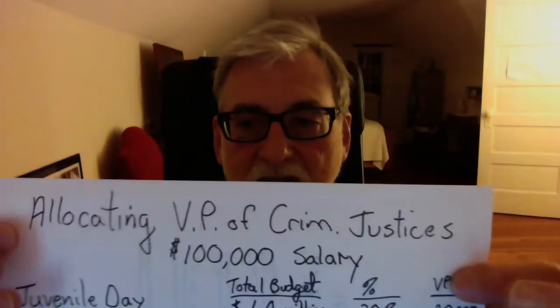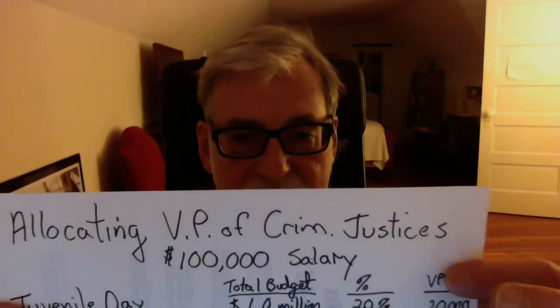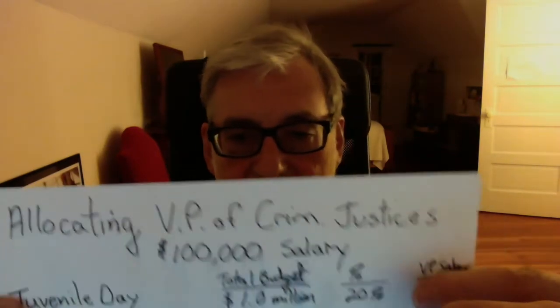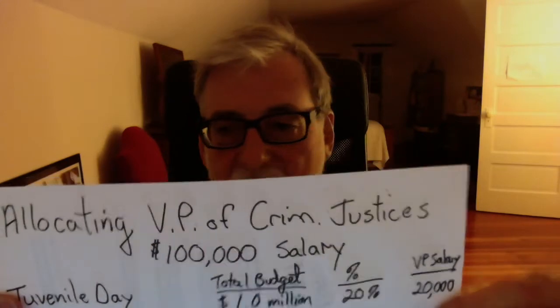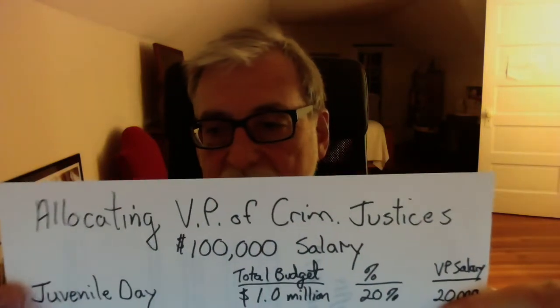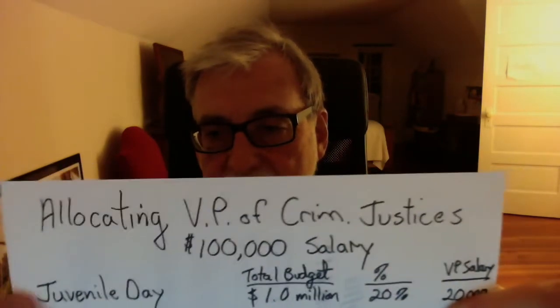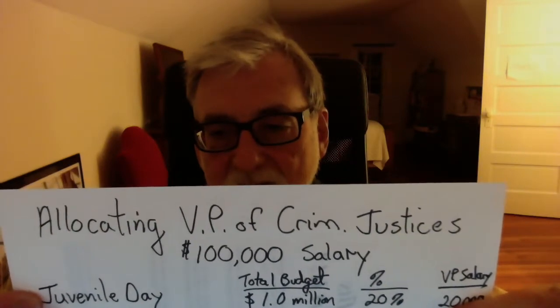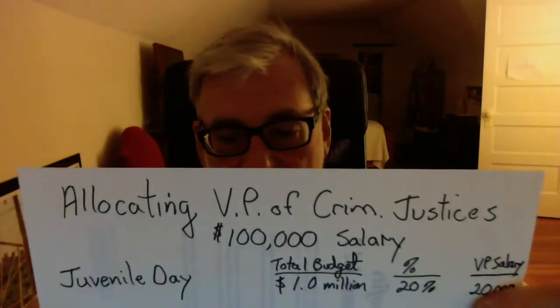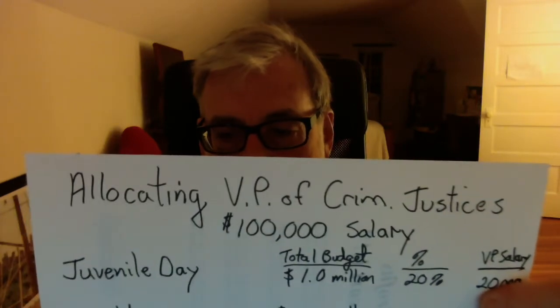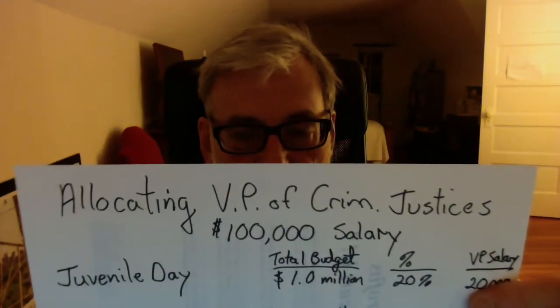Basically we've got a vice president of criminal justice. The salary and benefits is $100,000, and that VP is in charge of 3 programs: a juvenile delinquent day program, an adult day program, and a juvenile residential program. Now, the VP is not keeping a precise record of time spent on each program.